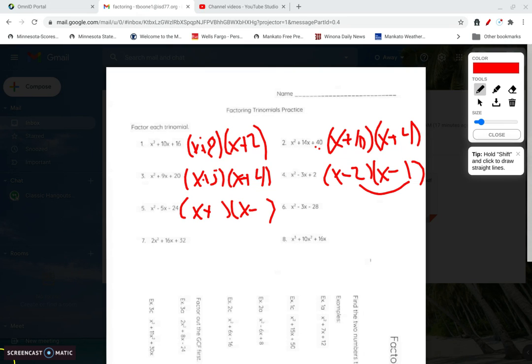Now, remember, one of these is positive and the other is negative. And if that b term, if that number in front of the x is negative, that means the higher number has to be negative. So I think what would happen here is I'm going to try a negative 8 and a positive 3. Aha, yeah, 3 times negative 8 is negative 24. And when you add those, you do get negative 5. That's where you're just going to have to try to put some in, see if it works. Like I said, slap it on the wall, see if it sticks.